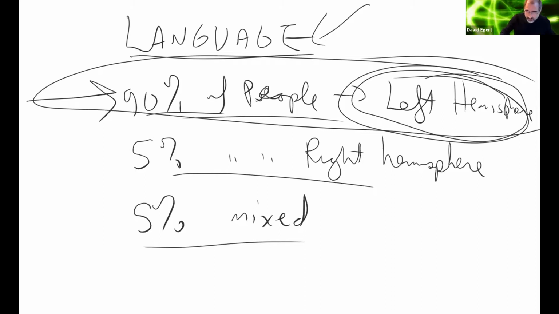Speaking of language though, if you think about what is language, there's the meaning of the words I'm saying, but that's only part of it. If I am talking to you, in one of the examples I often use, there's semantic content.